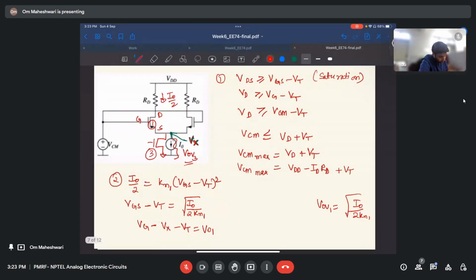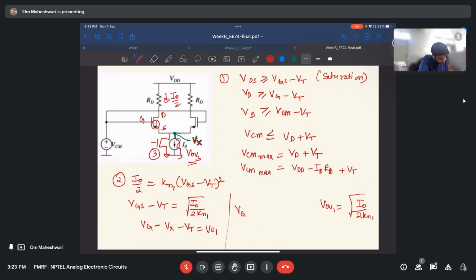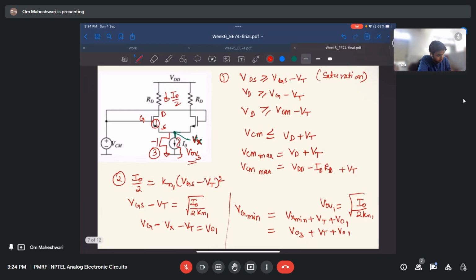So the minimum VG will depend on the minimum Vx. VG min is Vx min plus Vt plus VO1, and Vx min is VO3 plus Vt plus VO1. The overdrive that we want to give in our circuit is in our control, right?